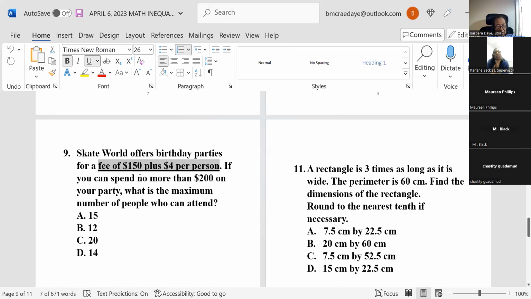No more than 200. So the fee is 150 right up front. You're gonna pay that. That's a fixed fee, and the variable is $4 a person.